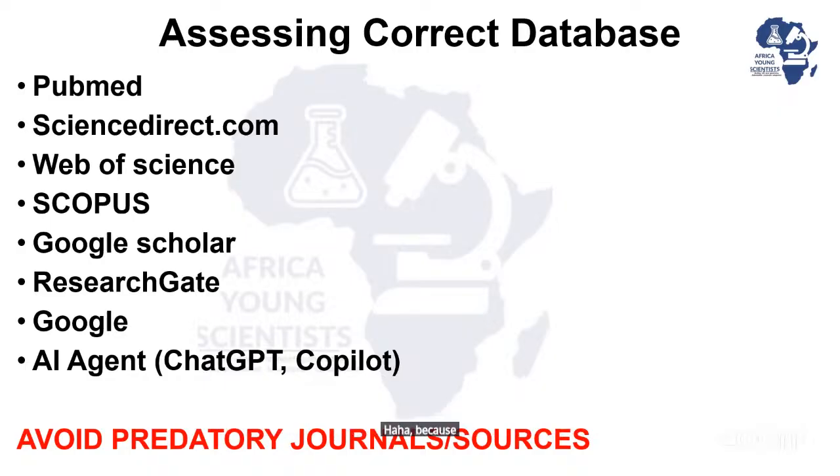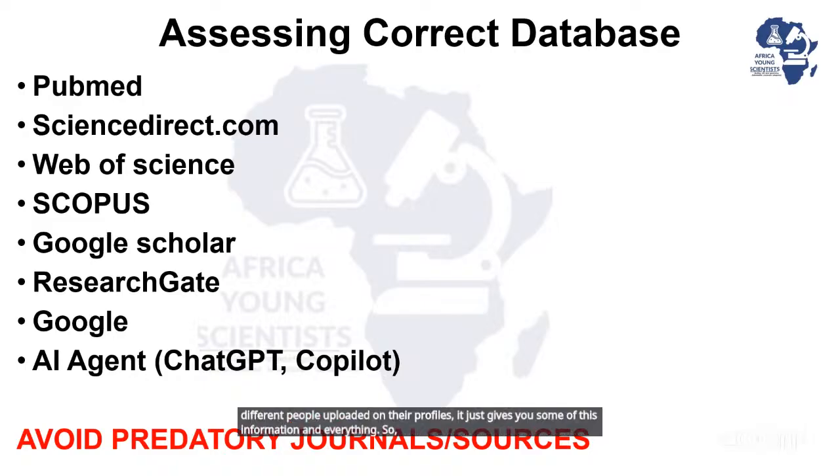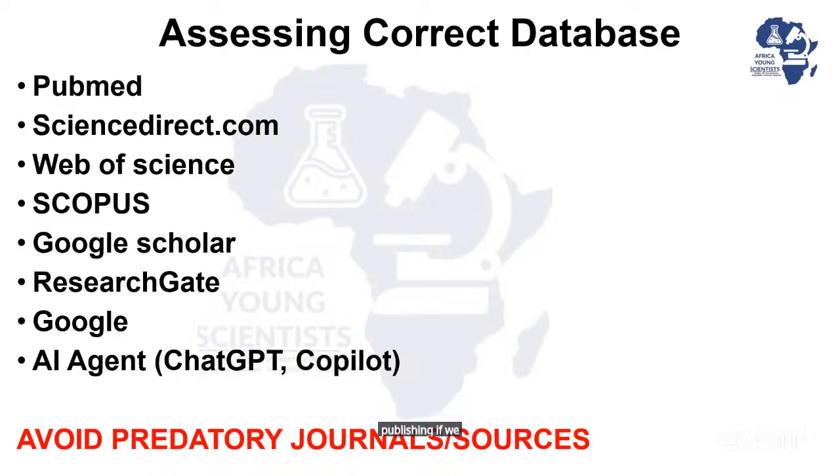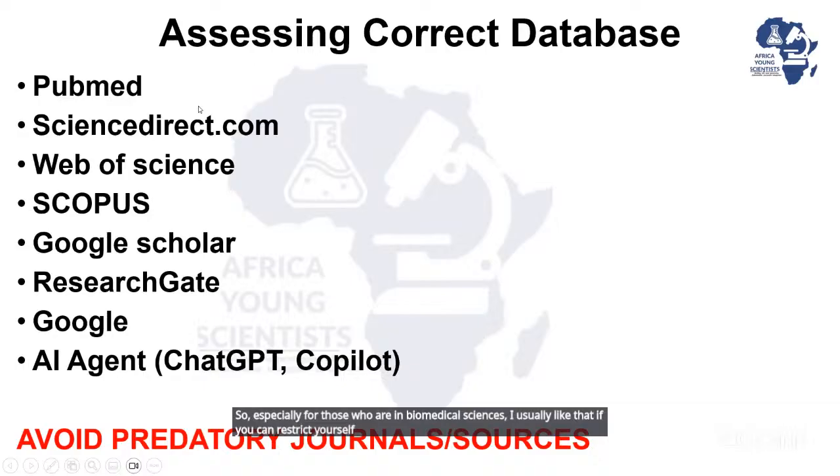Mostly on ResearchGate, it is what different people uploaded on their profiles. So even someone who has published in a predatory journal and put it on their ResearchGate profile, it will be listed based on what you search. Especially for those in biomedical sciences, I like that you restrict yourself to these first four, like PubMed.